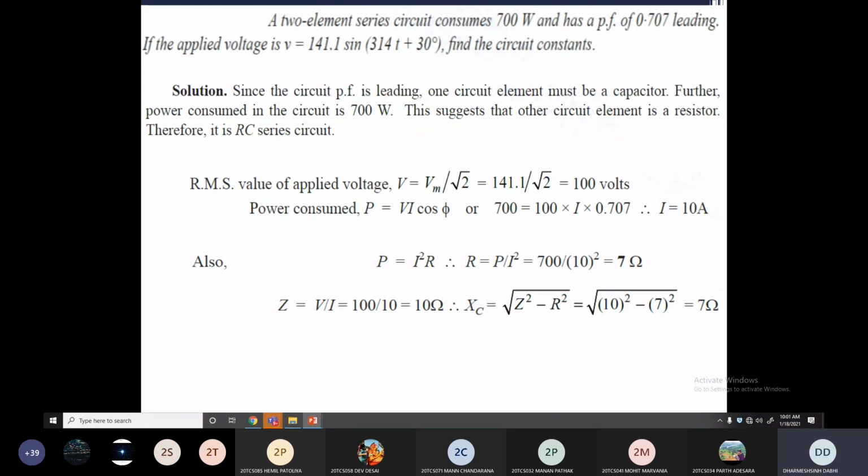Sir, doubt: the phase angle is 30 degree, no? Yes, it is 30 degree from the equation. So, sir, the power factor, cos phi, should be 0.86, but in the sum it is given 0.707. Why is it different, sir?